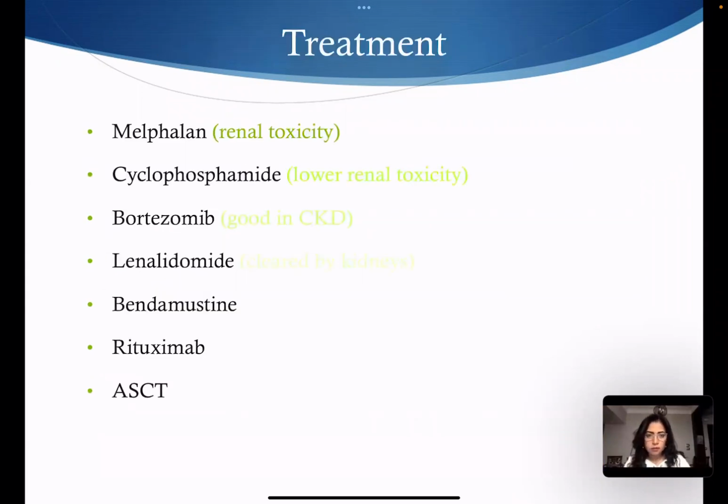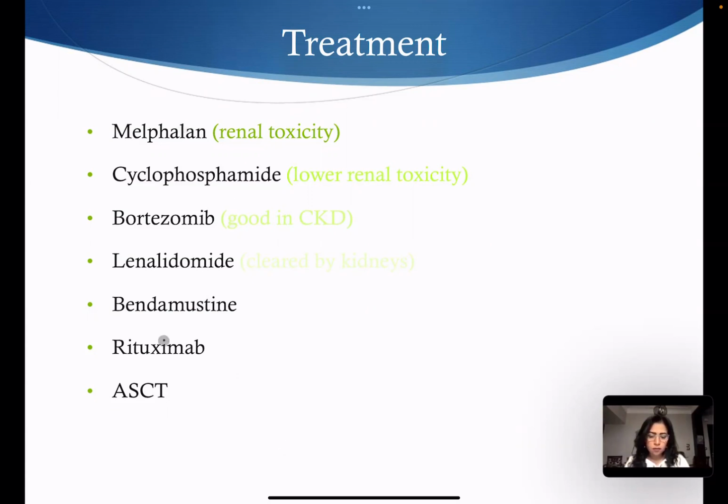Treatment is a big issue, and it's usually in the hands of hematologists, not in ours, but the previous pattern of not treating the patient who does not have a malignant clone in their blood should not be followed if the patient has a proven MGRS, which is a monoclonal gammopathy of renal significance.